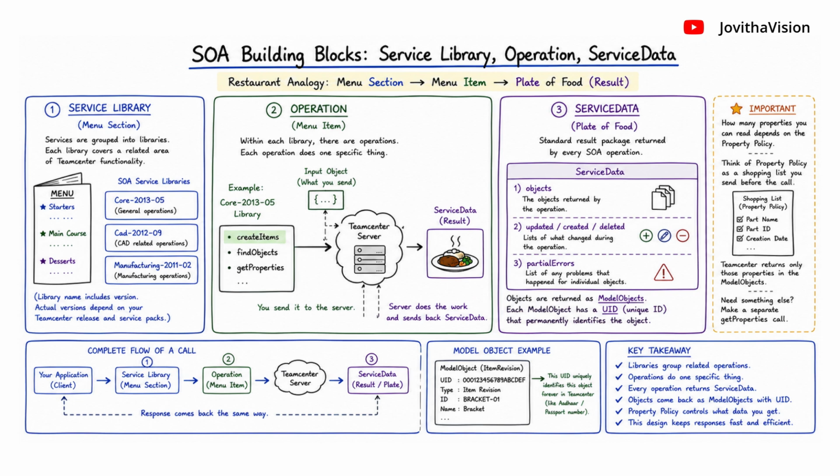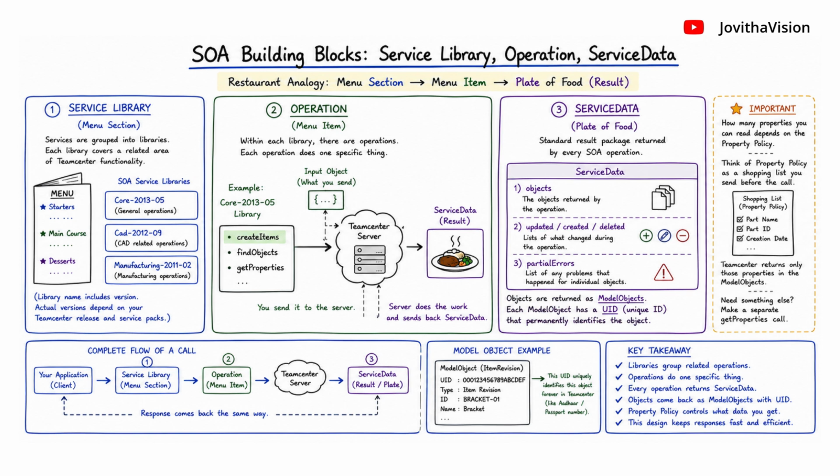For example, if you searched for parts, the matching parts are in here. Second, a list of what changed, which objects were created, which were updated, which were deleted during this operation. Third, partial errors. This is a list of any problems that happened for individual objects. We will explain this properly in the error handling section.